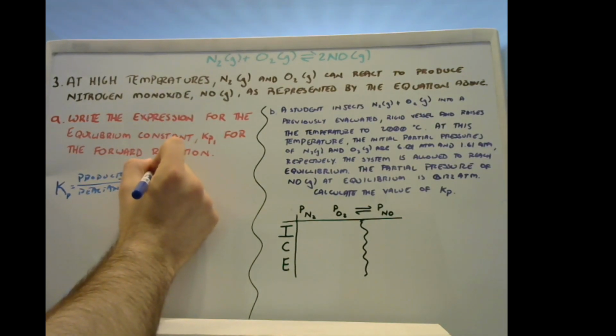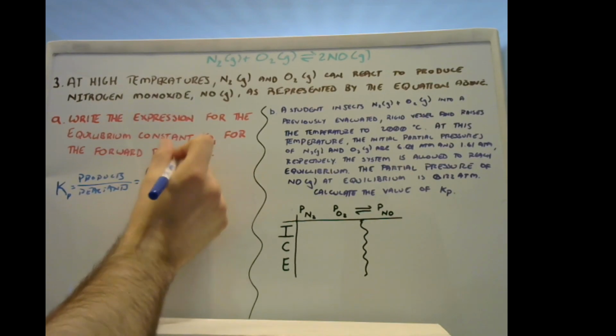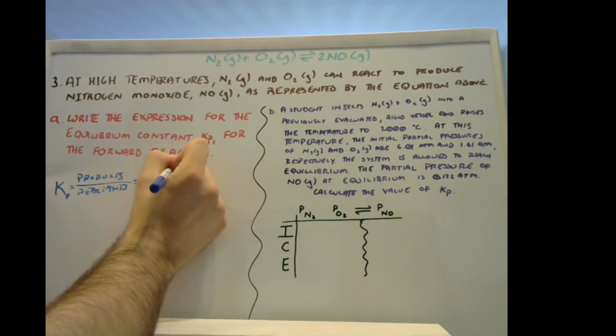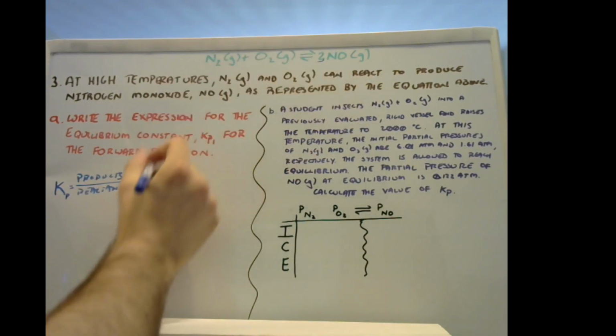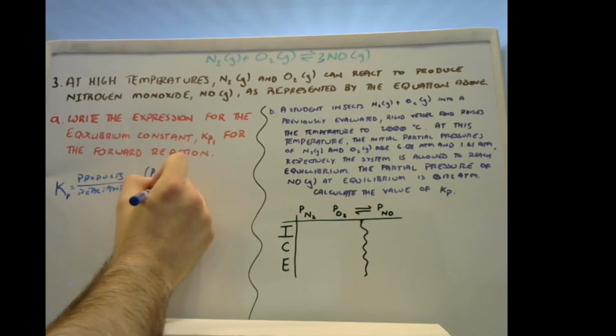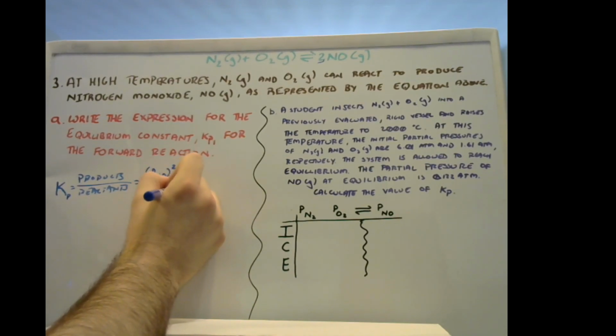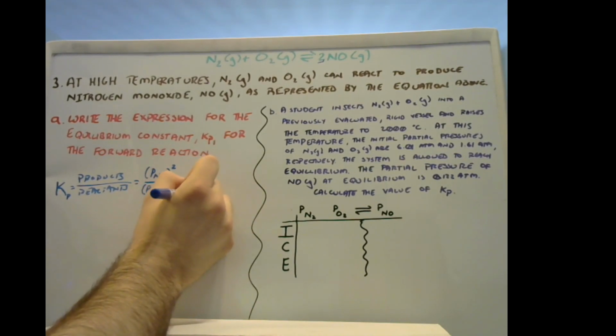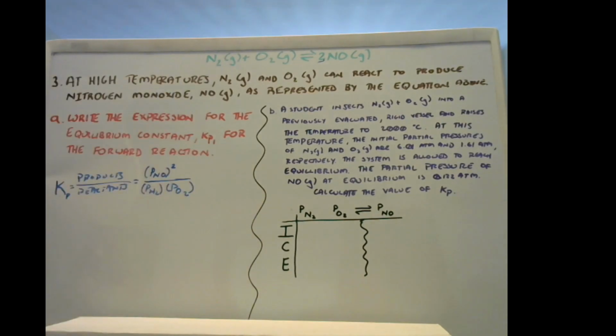So it's going to be P, my NO gas, and I'm going to square it because there's a 2 out front. Divide by the pressure of my N2 gas times the pressure of my O2 gas. And there you have it. That's all it's asking for.